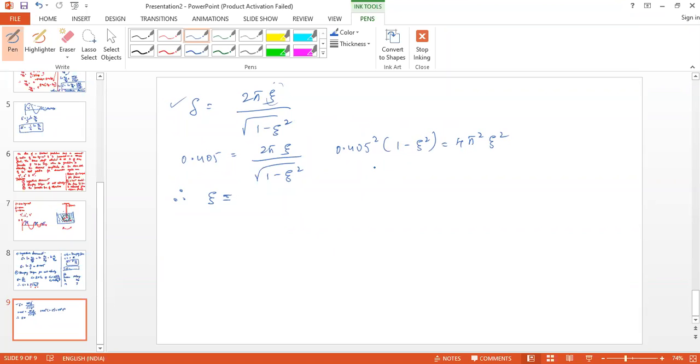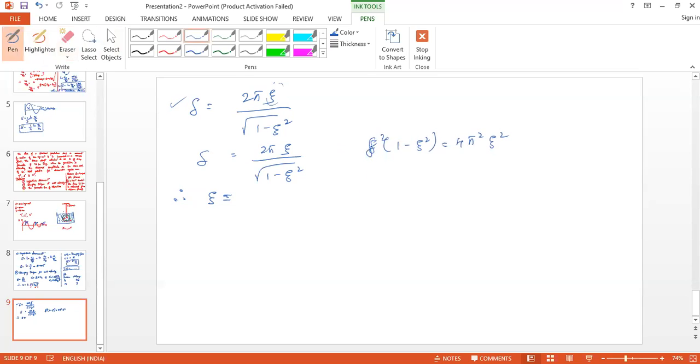Zeta is 0.1, sir? No, it is not 0.1. What is the value of zeta? 0.06.